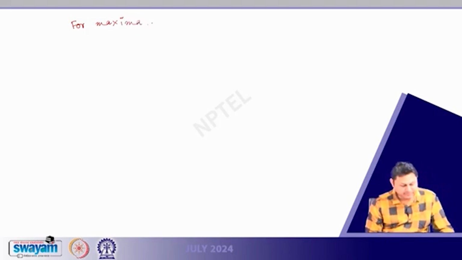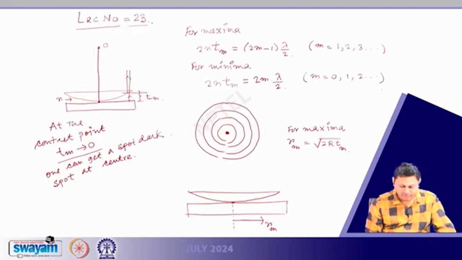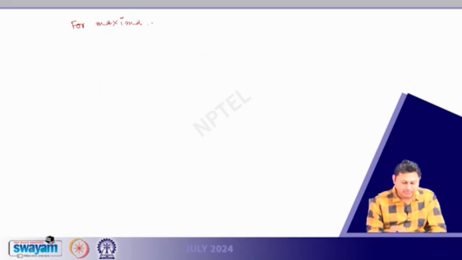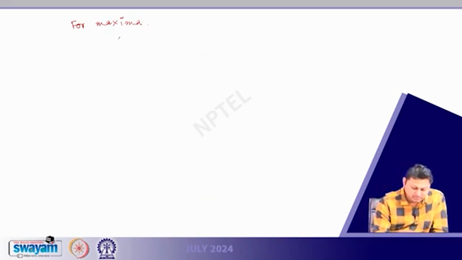For maxima we find 2n Tm equals (2m minus 1) lambda by 2.